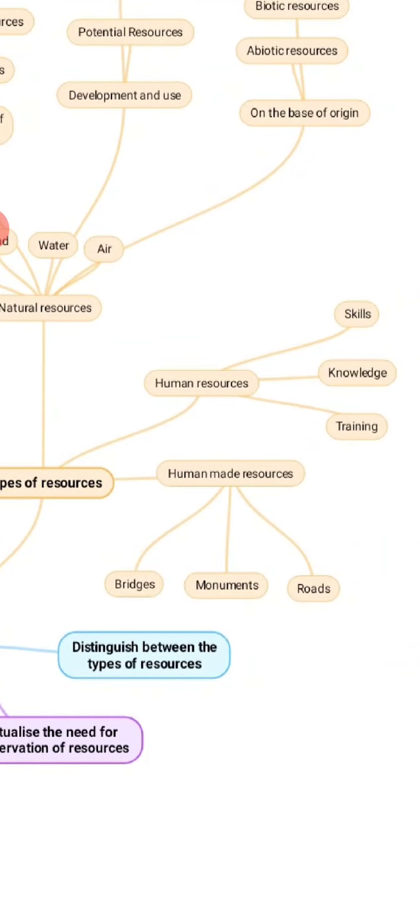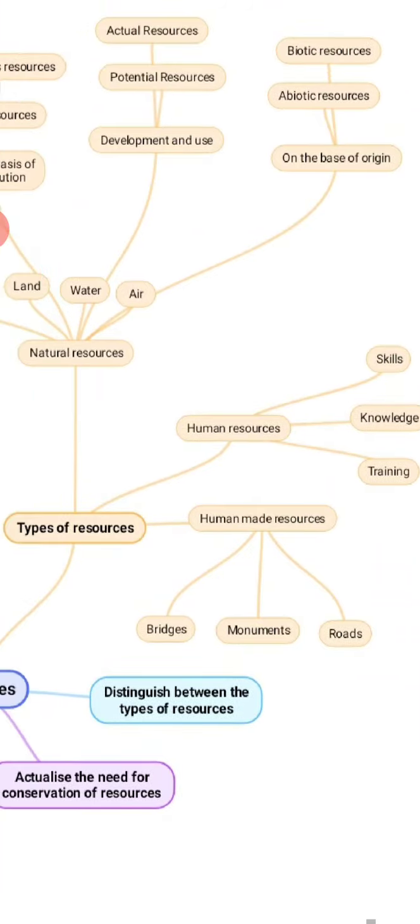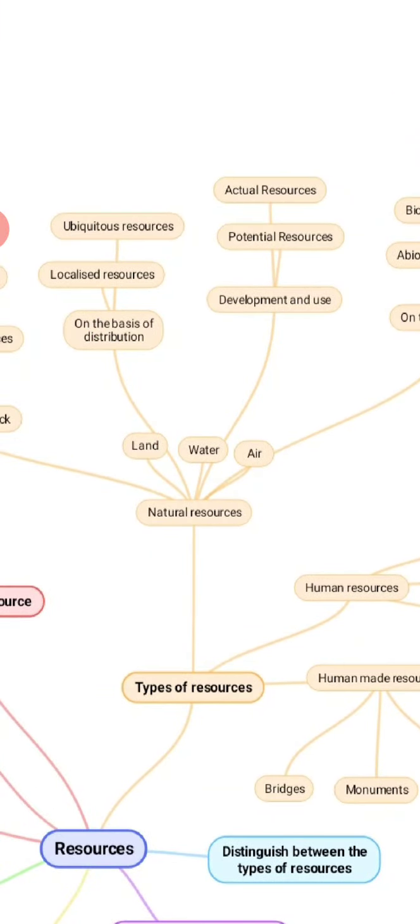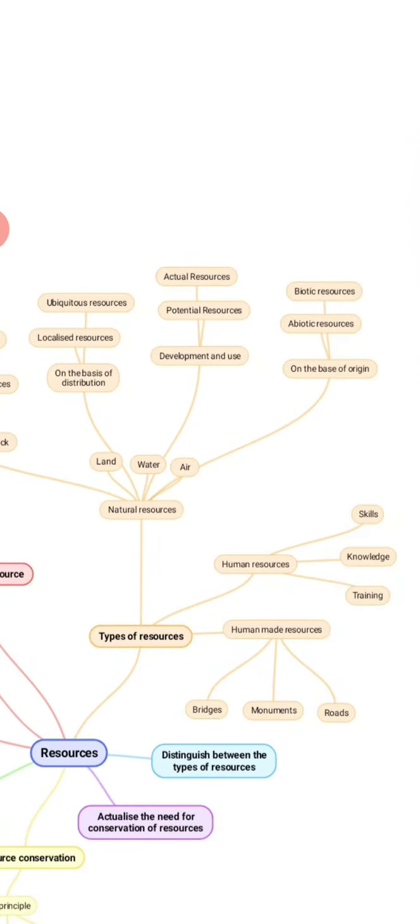Human-made resources are those resources which are made by humans, such as bridges, monuments, roads. Human resource. People can make the best use of nature to create more resources when they have the knowledge, skill and the technology. Natural resources are further classified into four types.